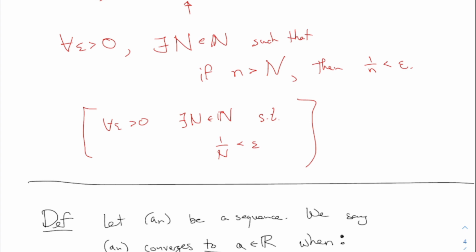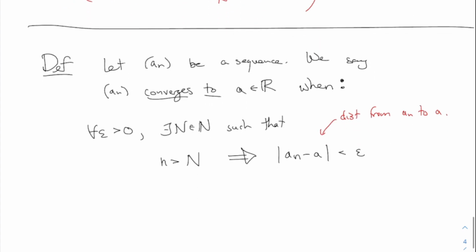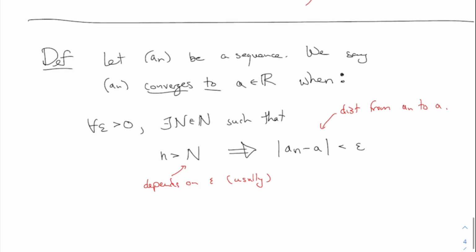If I say, well, how far do I have to wait until it gets within 0.1? That's a particular n. How far do I have to wait till it gets within 0.0001? That's a different n, because you have to wait longer until it gets that close. Yeah, so this n will depend on the epsilon. I will say, usually. I mean, in some very simple cases, it doesn't depend on epsilon, but usually. What I wrote there.